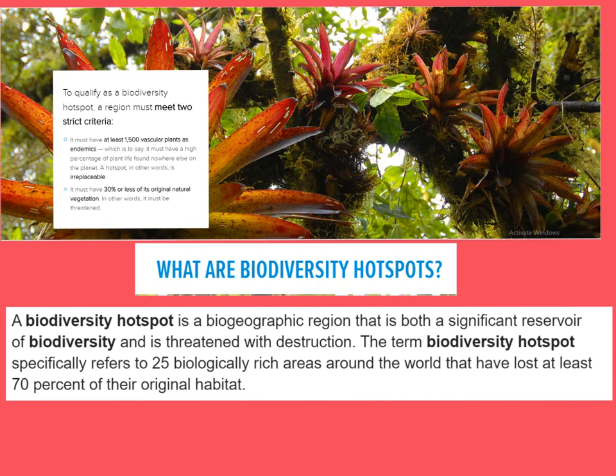A biodiversity hotspot is a biogeographic region that is both a significant reservoir of biodiversity, meaning it has very high species richness, and at the same time is threatened with destruction. The term biodiversity hotspot specifically refers to 25 biologically rich areas around the world that have lost at least 70% of their original habitat.